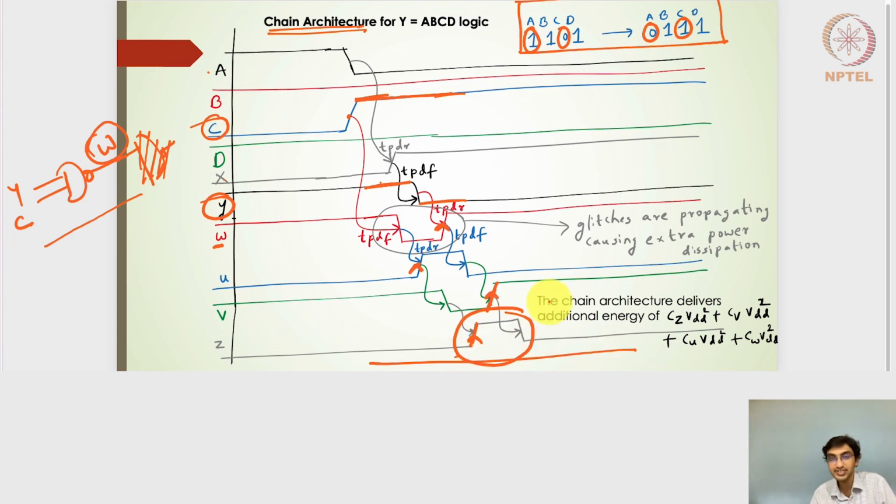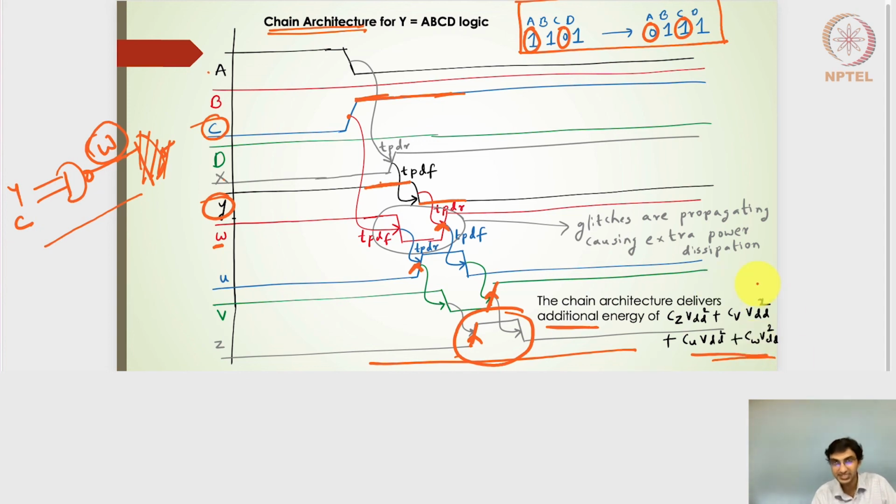So an unnecessary transition at the output node from 0 to 1 will cause additional energy to be delivered by the VDD supply. So the chain architecture delivers an additional energy of CZ VDD square, the capacitance at the Z node multiplied by VDD square, and then CV VDD square, CU VDD square and CW VDD square, which is not accommodated in our alpha calculations for the energy term.